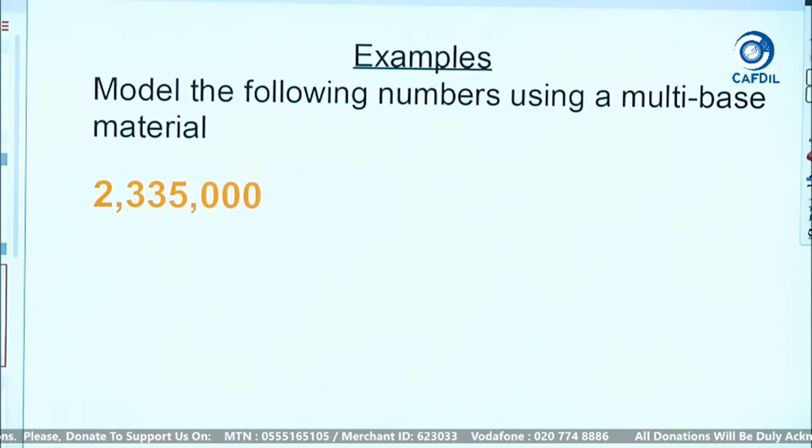And our first number here, I hope you can see. I want you to mention the number on your screen. We are going to model it using the multi-base material. And the first number is 2,335,000.